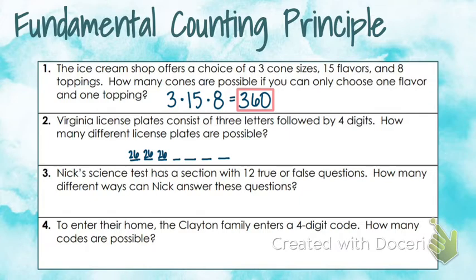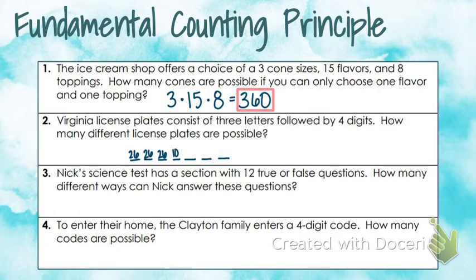All right, so it says followed by 4 digits. How many digits are there? So each one of these is a digit, and we have to choose how many digits there are. So there are 0, 1, 2, 3, 4, 5, 6, 7, 8, 9. So there are 10 possible digits to choose from.